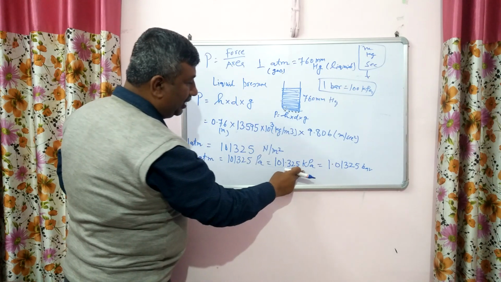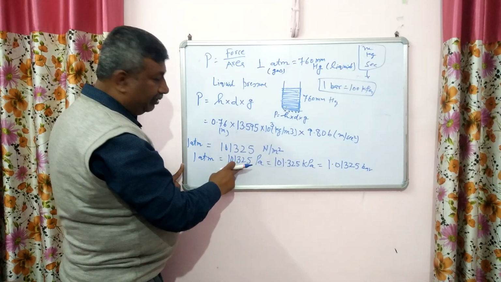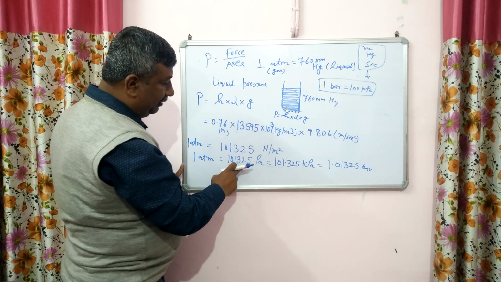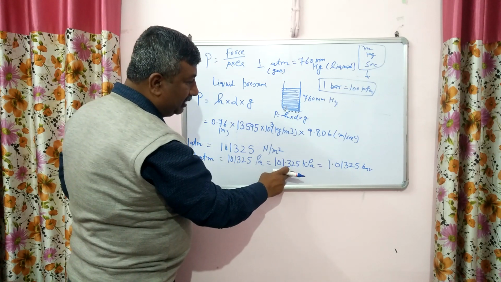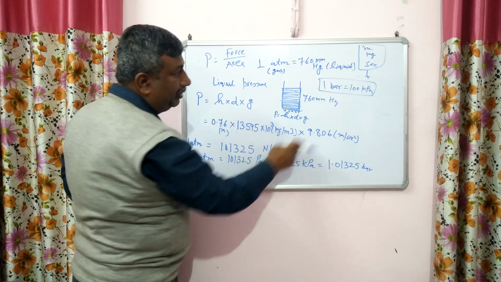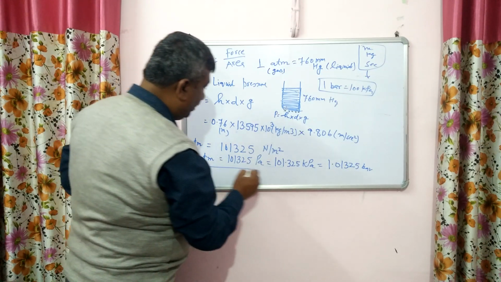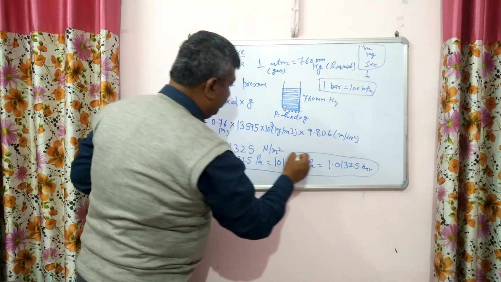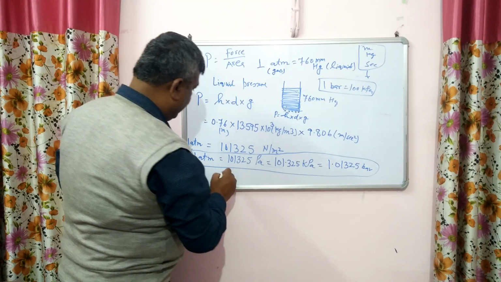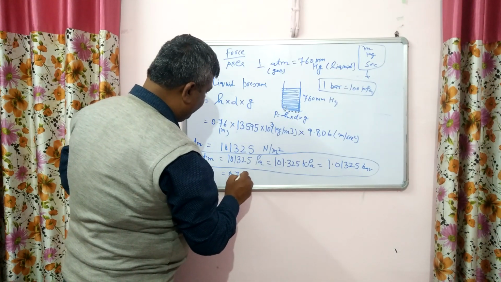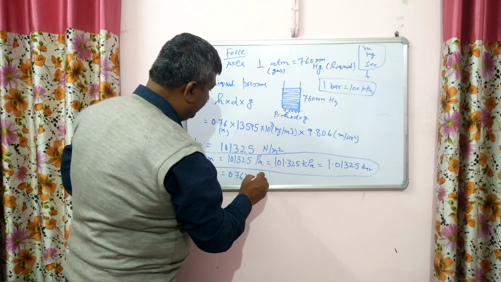So we divide it by 1000, then 101.325 kilopascal, then divide it by 100 to convert into bar. So this is the relationship. 1 atmosphere is equal to this value, and actually this is 0.76 meter mercury.